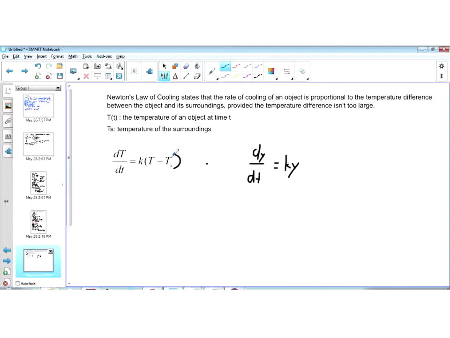There was no subtraction going on. Now we have a subtraction. So the strategy for solving Newton's law of cooling problems is we have to transform this equation into a format like this. We're going to have to parameterize the subtraction in terms of a single variable. So let me do that by example.